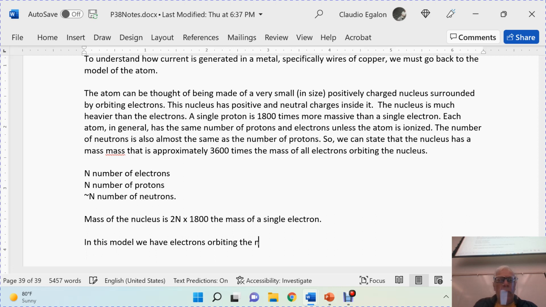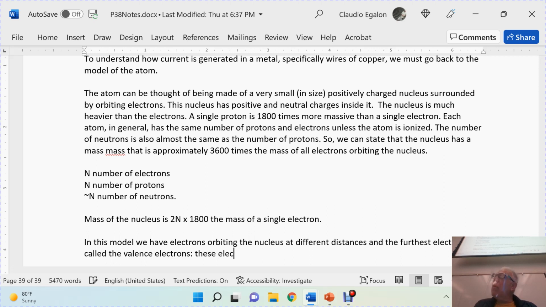The furthest electrons are called the valence electrons.